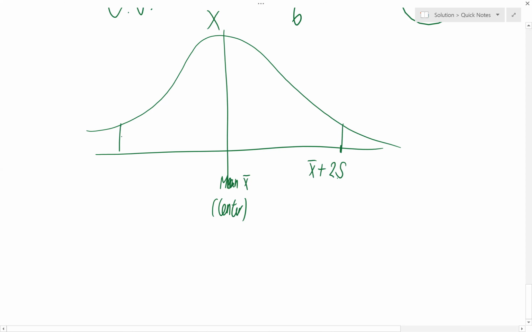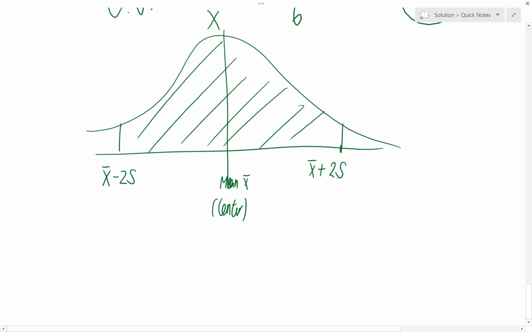And the other side is 2 standard deviations below the mean. And typically we call this the normal values. So if the data value is between the sample mean minus 2 standard deviations and the sample mean plus 2 standard deviations, then this is a normal value or normal range.